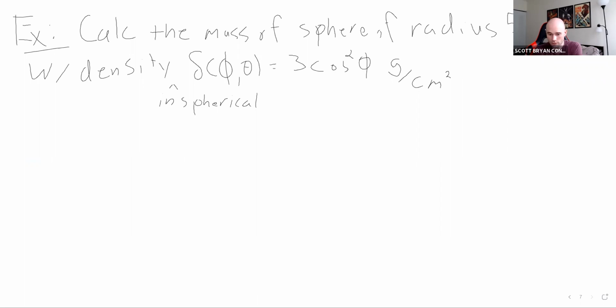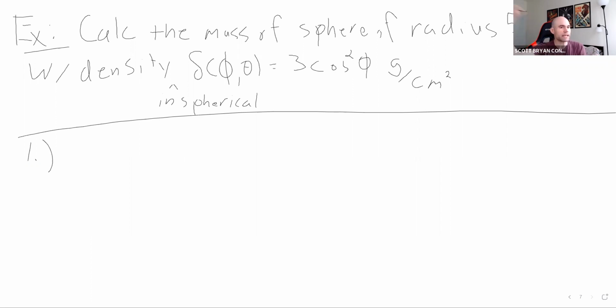So step 1, we need to parameterize our sphere. We've done this before, but it gives us a hint here by giving us the density in terms of phi and theta. So that should tell us that our parameters are going to be phi and theta to begin with. Let's just center our sphere at the origin. It's a sphere of radius 5.